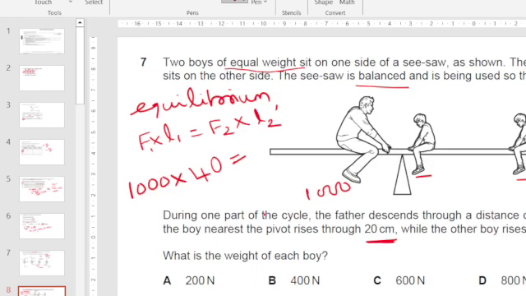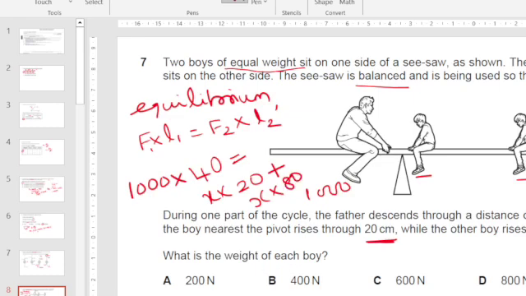So it's clearly given in the question that both the boys have equal weights. So let me take it as X, and the first boy is moving through a distance of 20 centimeter plus the other boy's weight, which is also X, and he is moving at a distance of 80 centimeter.